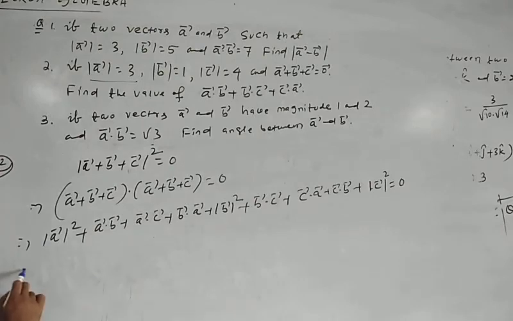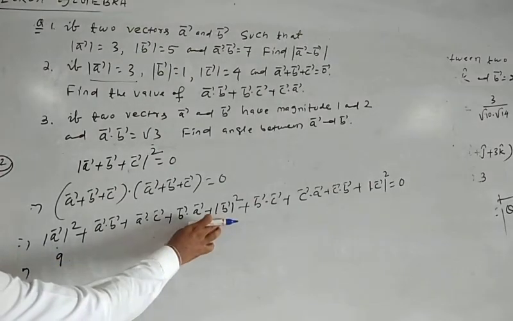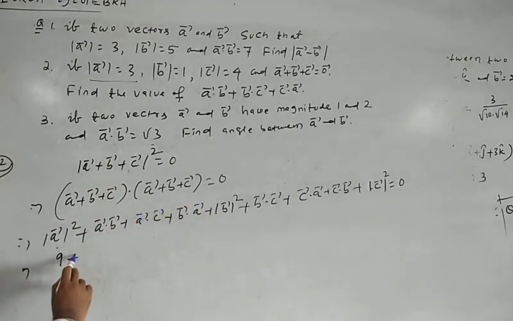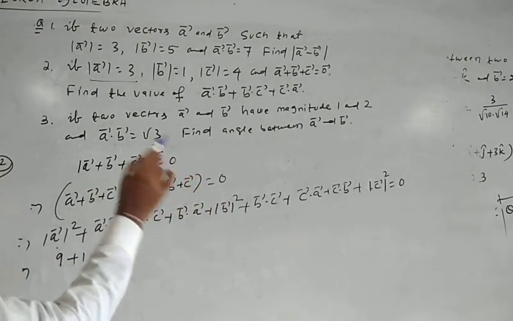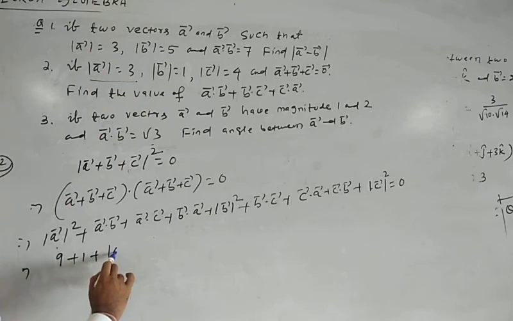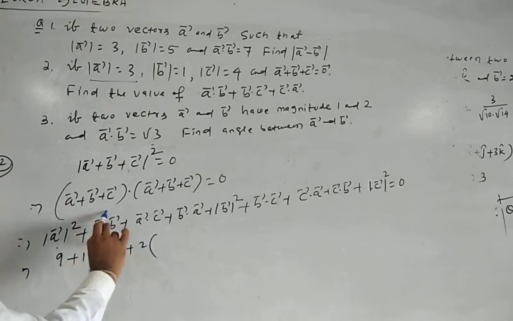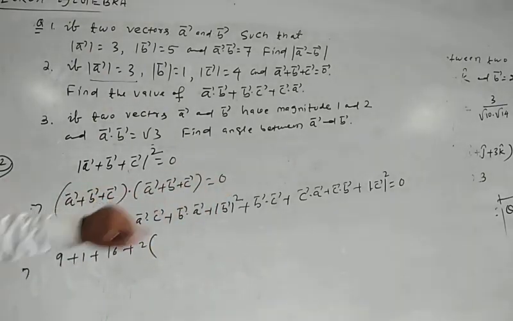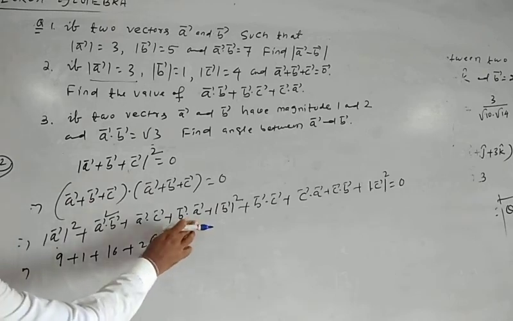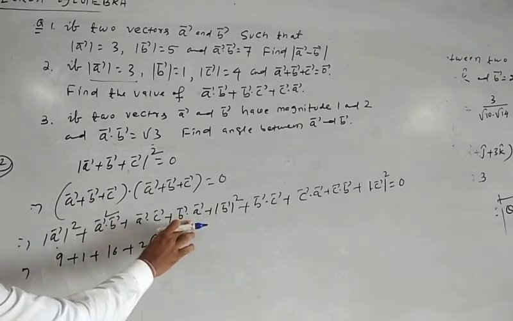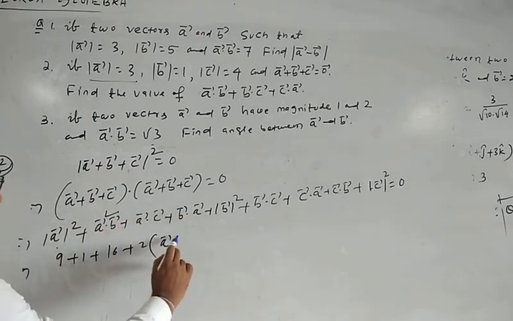So this is A magnitude square 9, B magnitude square 1, C magnitude square 16, plus 2 into A dot B, since B dot A and A dot B are the same.